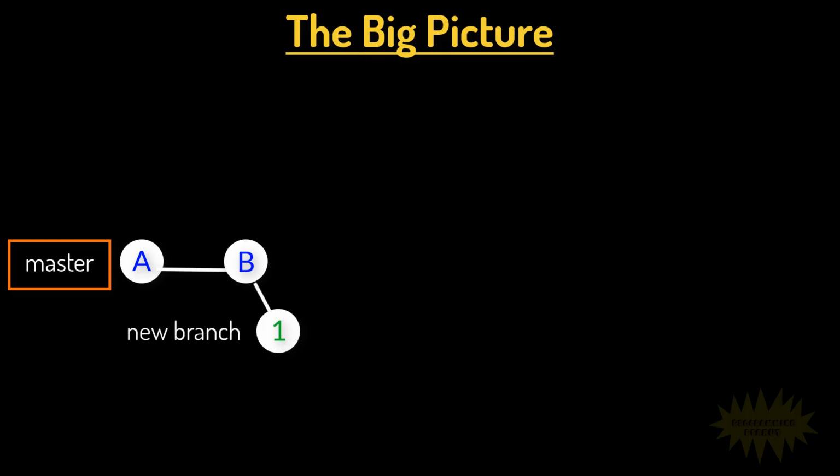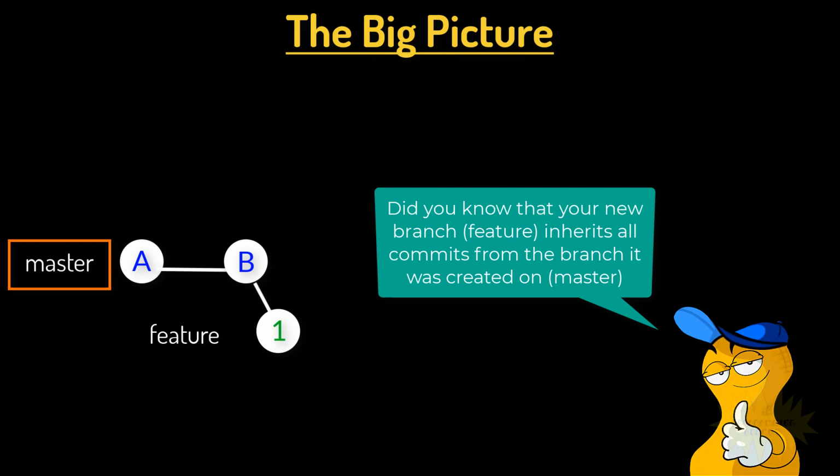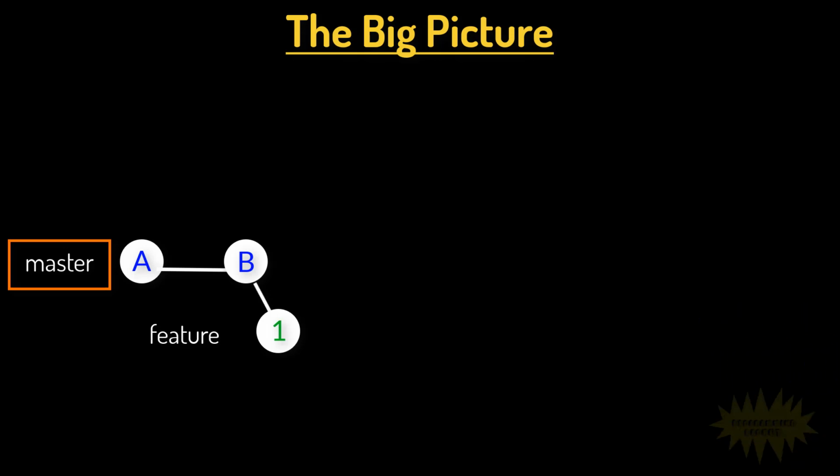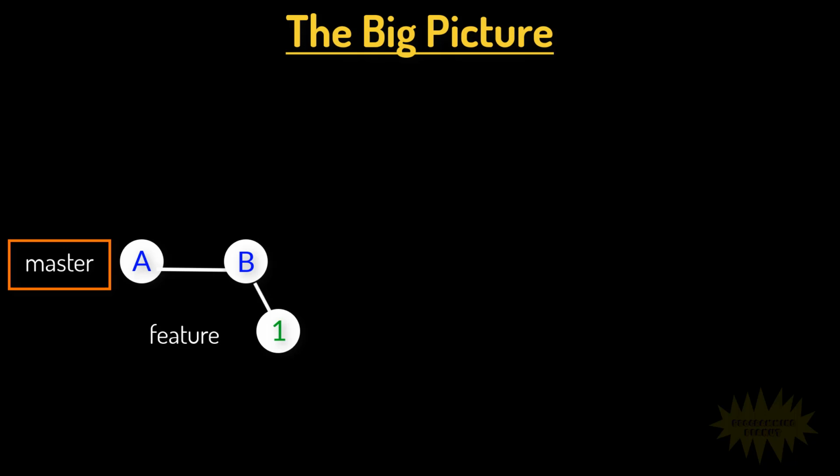And this new branch will be your feature branch. When naming your feature branch, a good naming convention to follow is the word feature slash and then a super short description of your feature. In this example, we will be calling it feature slash submit button.